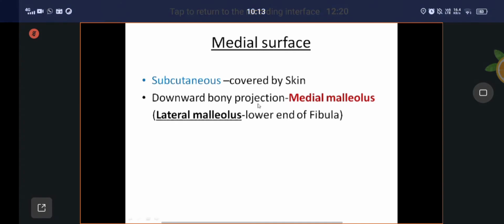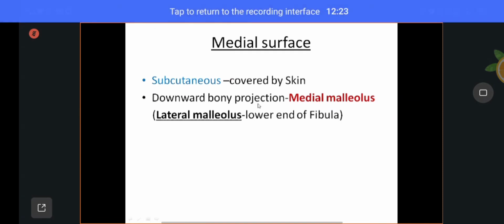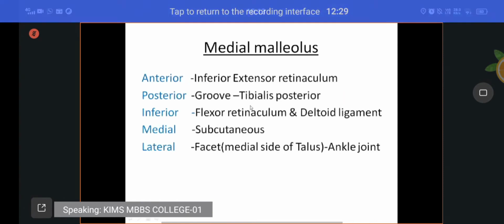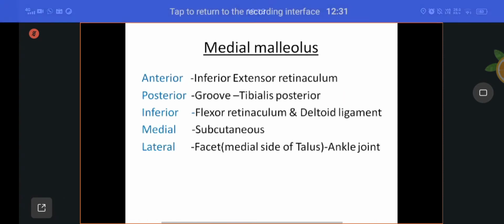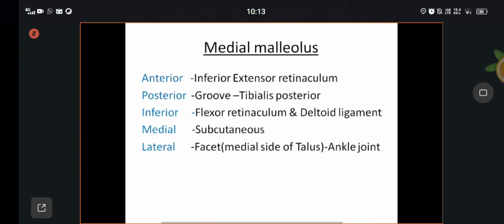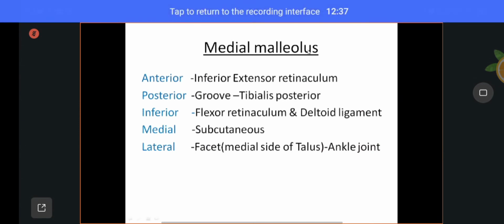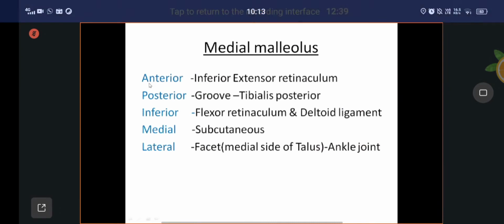That you have to remember. Lateral malleolus is present at a lower level than medial malleolus, like the styloid process of radius at a lower level than the styloid process of ulna. Same thing. There also the lateral bone is at a lower level. Here also the lateral bony projection is at a lower level.